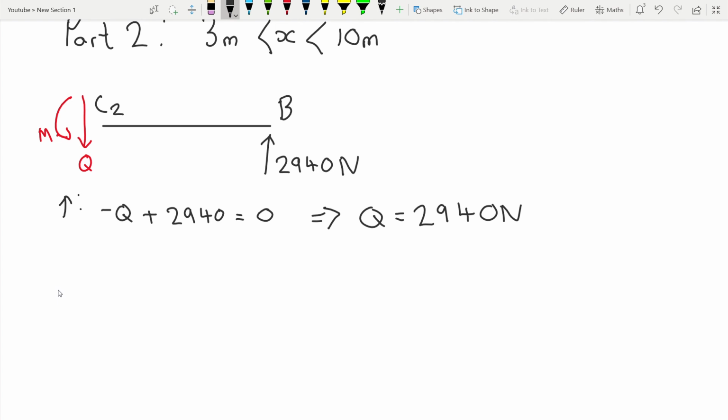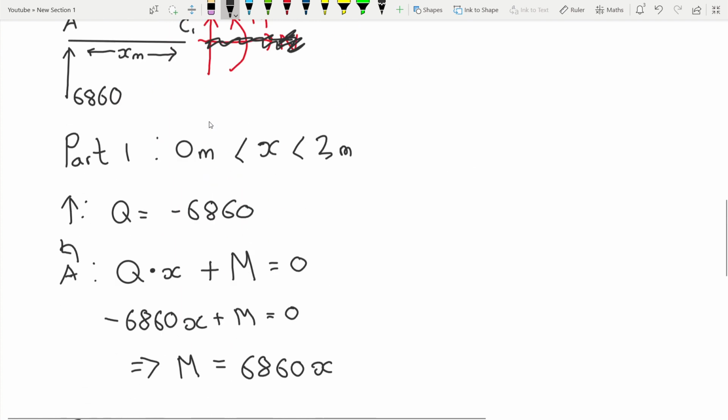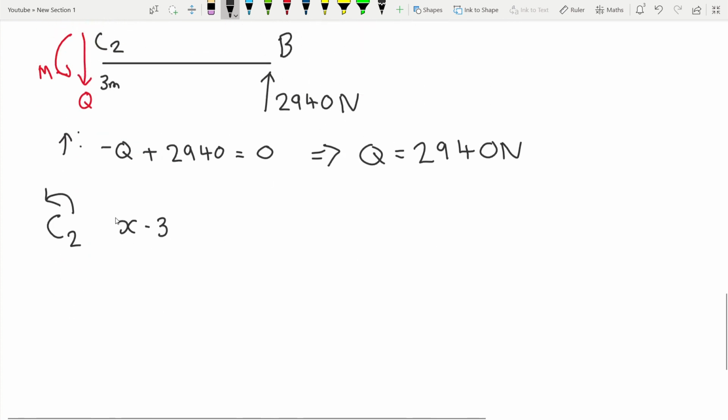And we're going to take a moment about C2. Of course, x now is 3 meters. 3 meters is here, and it's x. This distance, sorry, is x minus 3 meters. So taking moments about C2, x minus 3 meters, because x already goes along for this bit here up to 3 meters, and that will be times 2,940.